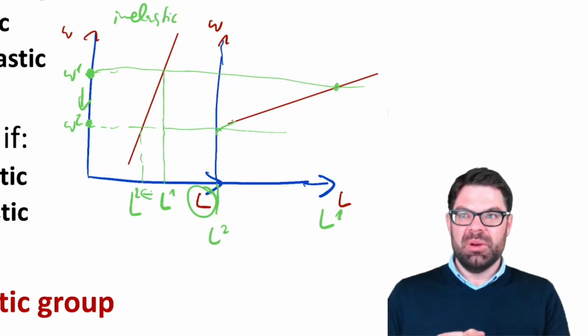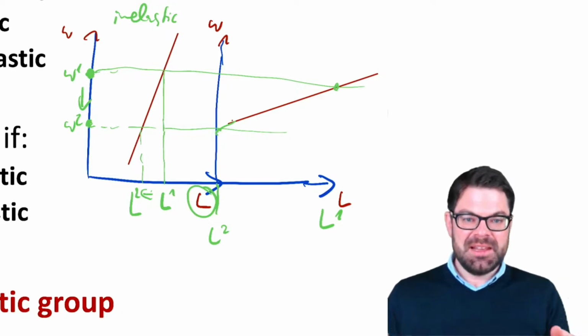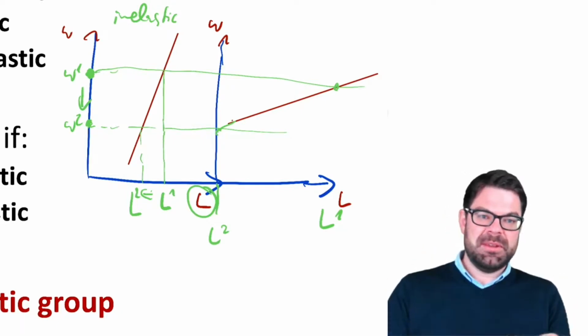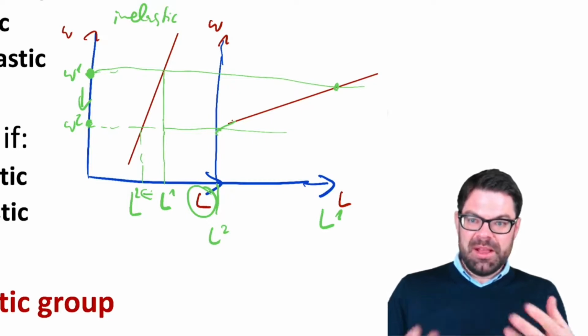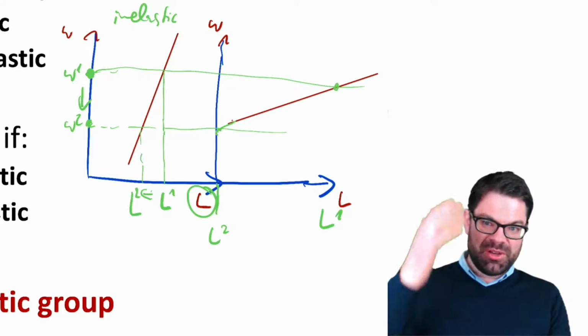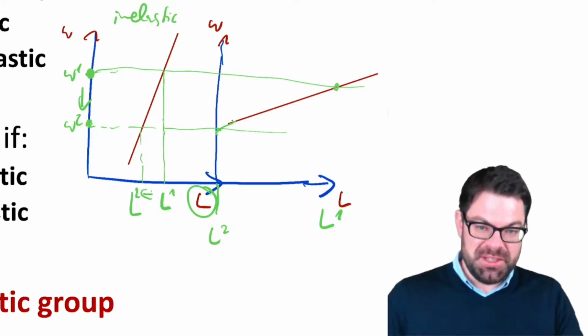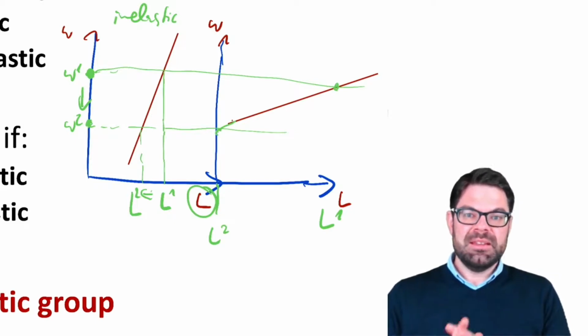Or, for example, older workers tend to have a more elastic labor supply, because they may have accumulated wealth and savings. So if there is an economic crisis and wages go down, they may simply exit the labor market rather than work for a lower wage. These are just examples.